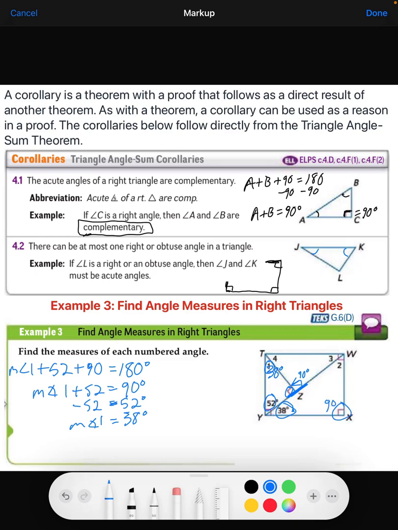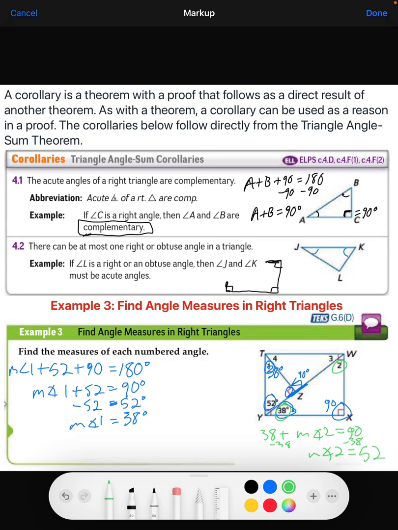And we know in a right triangle, the acute angles are complementary, which means they add up to 90. So 38 plus angle 2 equals 90. 38 plus the measure of angle 2 equals 90. Subtract 38 from both sides. We get the measure of angle 2 equals 52.